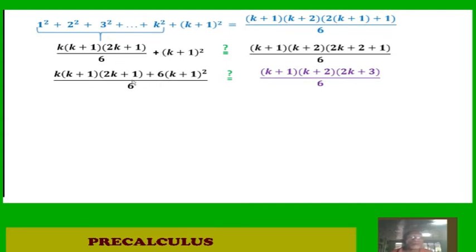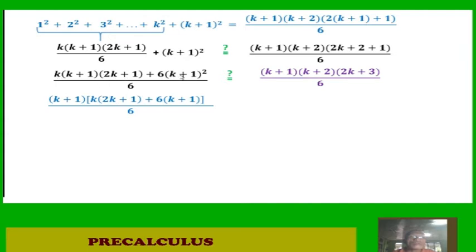Then we have to manipulate by factoring to find out if the left is equal to the right in our statement. Take note that k plus 1 is common in both terms. So factor out k plus 1 outside. What is left is k times 2k plus 1.